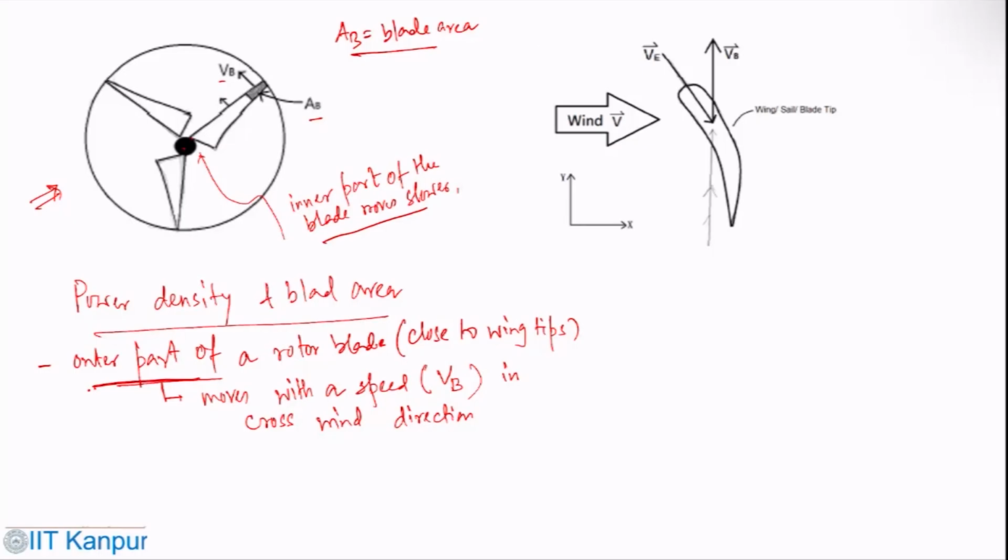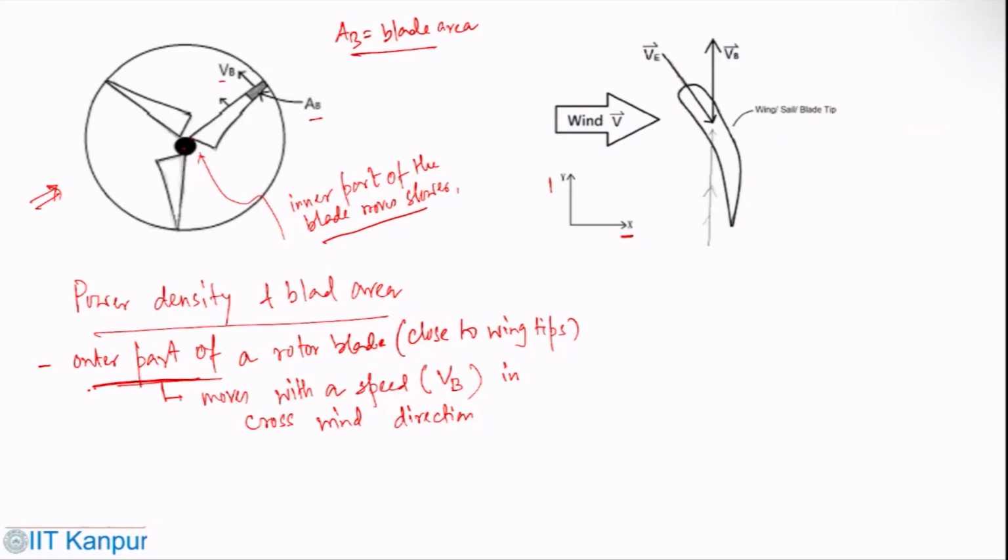Now we simplify further by assuming that the blade tips move straight, not in a circular path. Here in this picture, if you provide the direction, like this is my wind direction, and the blades have an airfoil shape, so a representative airfoil, and this is the VB, and this is the effective velocity.